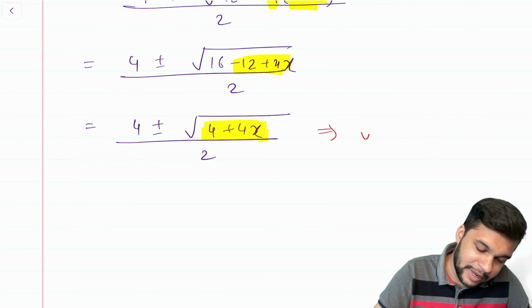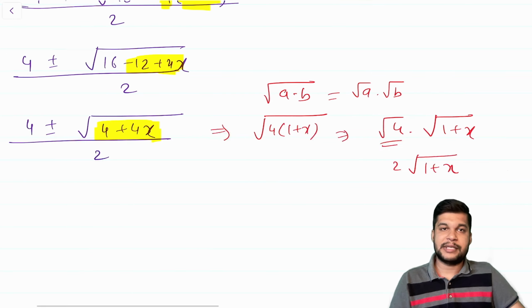So it becomes square root of 4 times (1 plus x). Square root of a into b can be written as square root of a into square root of b. So this can be written as square root of 4 into square root of 1 plus x. Square root of 4 is 2. So 2 times root of 1 plus x is the answer.